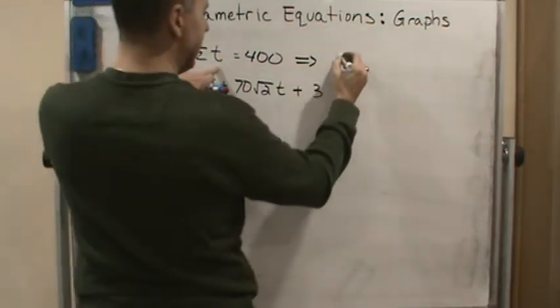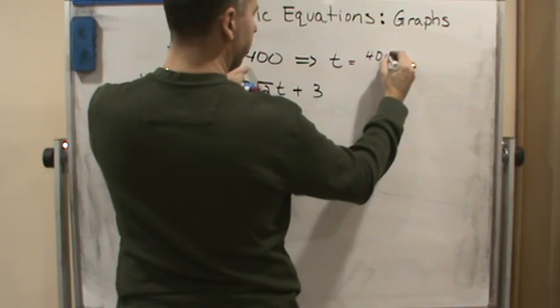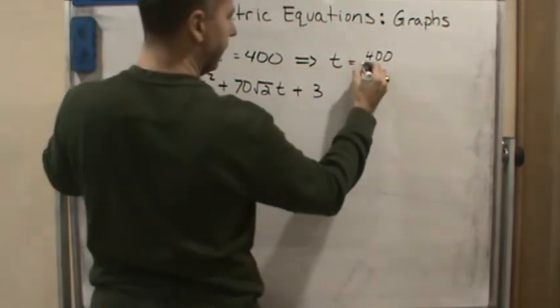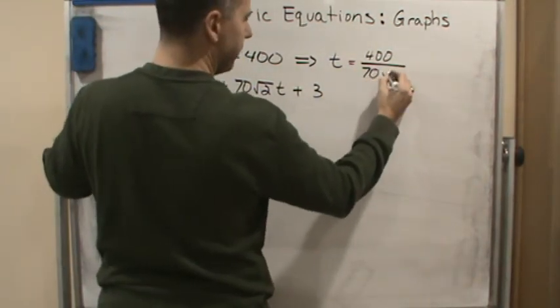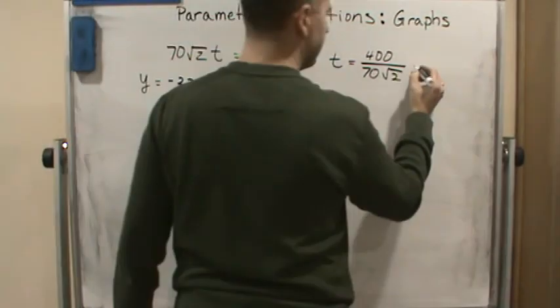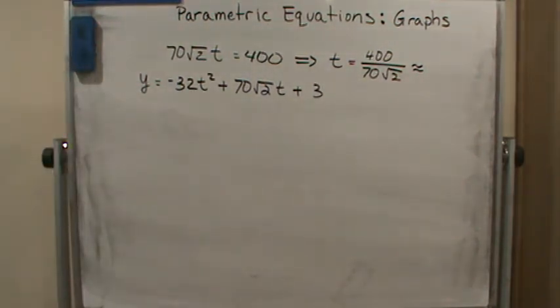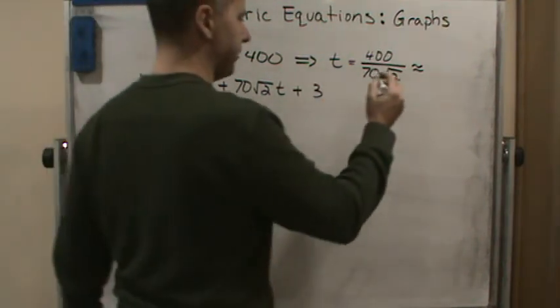So t is going to equal 400 divided by 70 root 2. You can just stick that in your calculator, and we get an approximate time of 4.04 seconds.